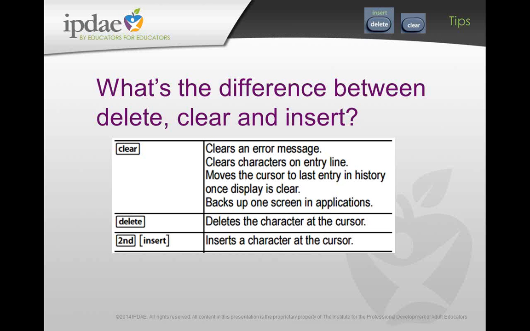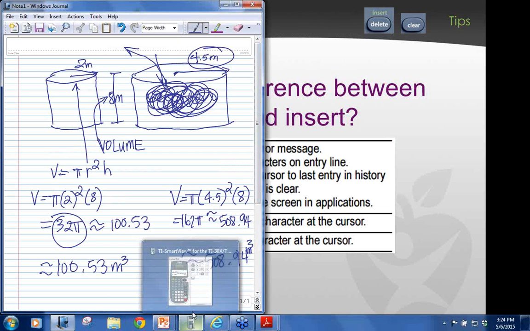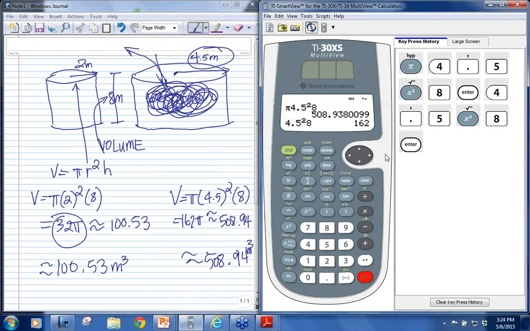So you want to show the differences between these three to your students. Let me illustrate that with what we have so far. Let's go back to our calculator screen. Say you made an error right here.